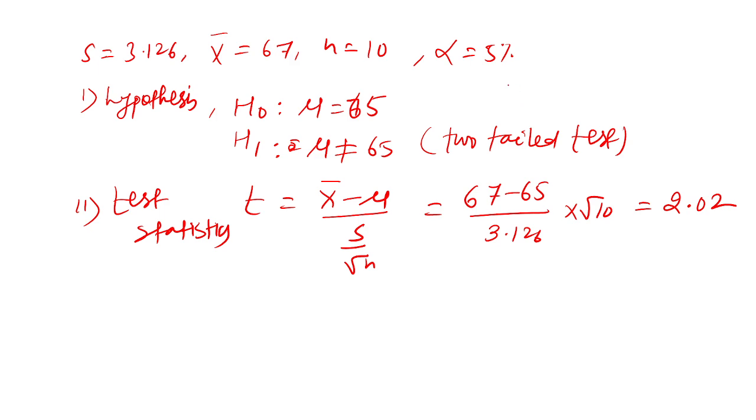And the degree of freedom will become 9. So for level of significance 5%, t at 9, 0.05, how much is the value? Can anyone tell? I'll wait.